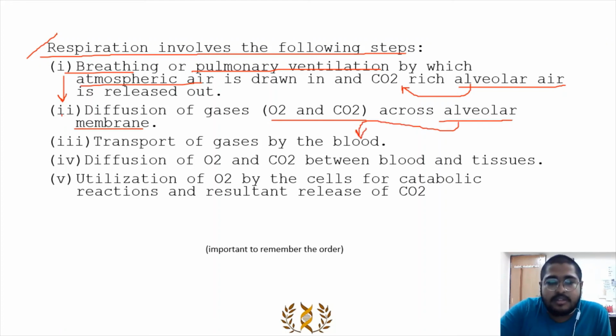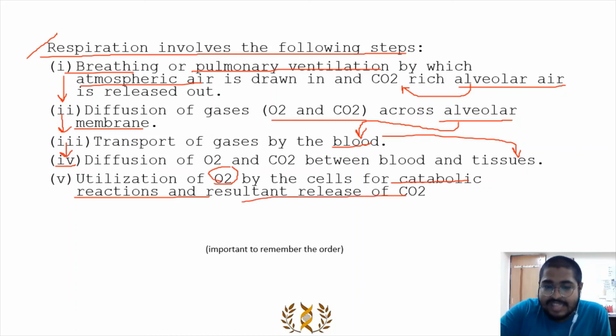Then from the blood, these gases go into the tissue, where the most important type of diffusion takes place. And then a catabolic reaction happens, where O2 is used up and CO2 is released as a byproduct. This is the final step of respiration.